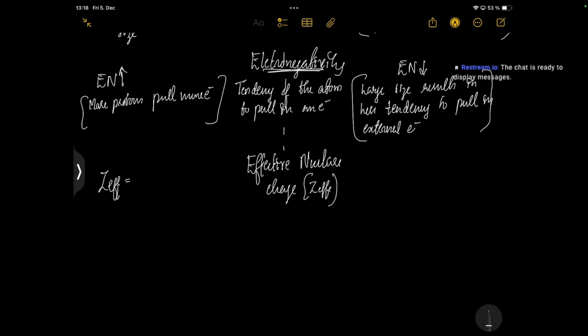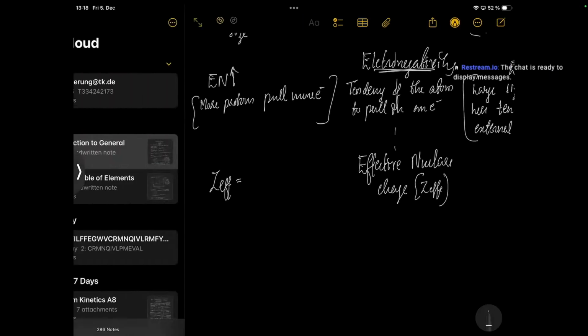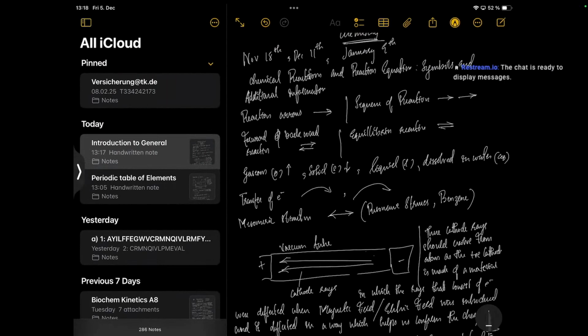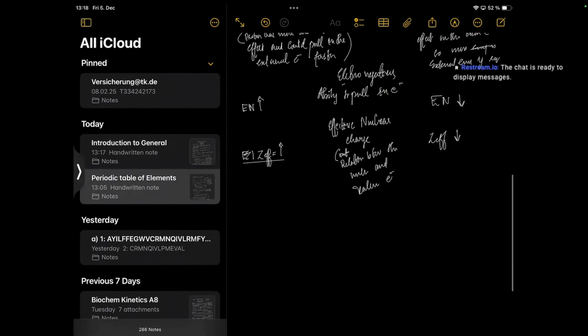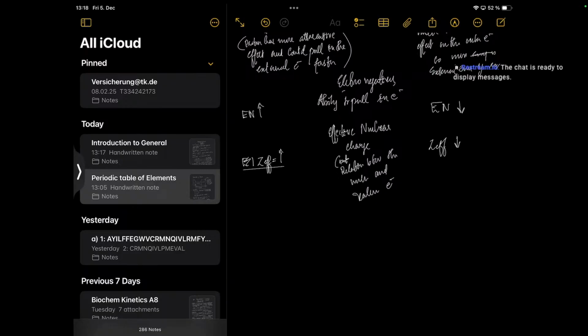Effective nuclear charge. Let me just cross check, okay? Yep.